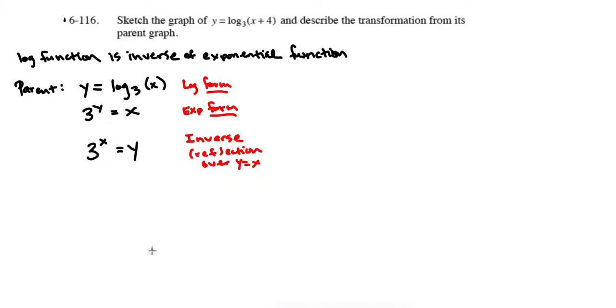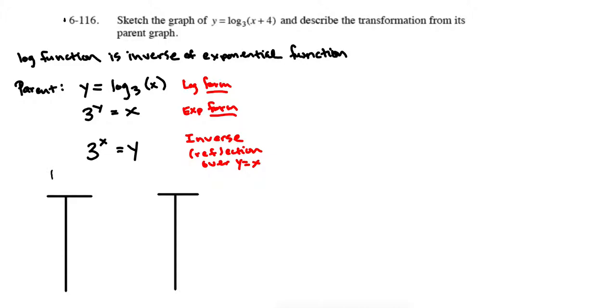So what I'm going to do here is make a couple tables. I'm going to make a table for my inverse function, which is my exponential function, and then I'm going to make a table for my parent function, the one that we actually started with here. I'll try to properly label all of these. Make sure everybody's good with that.